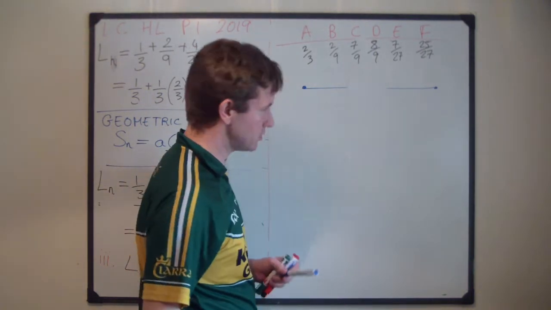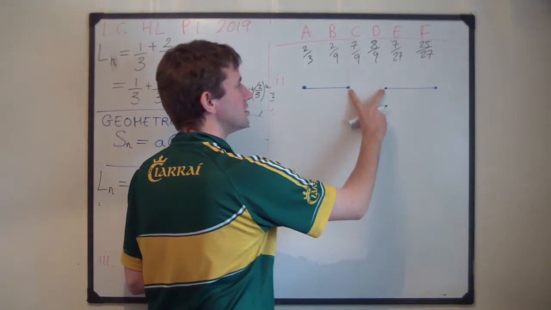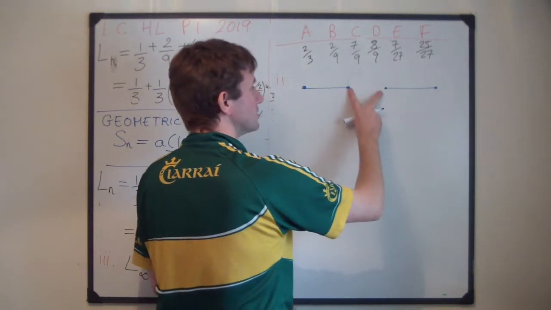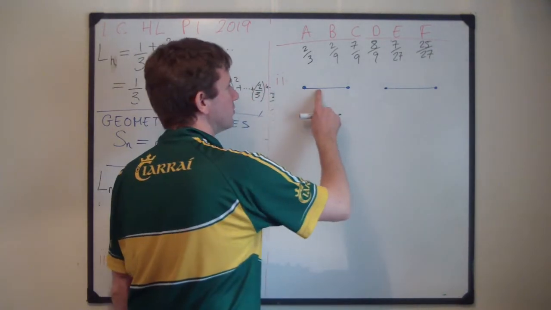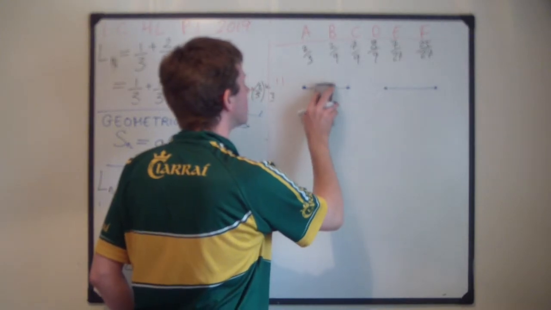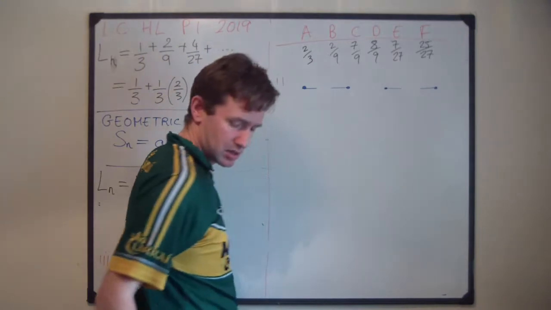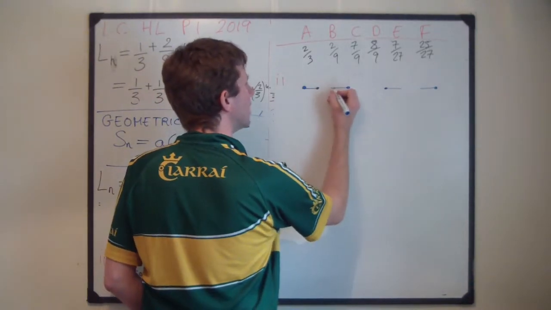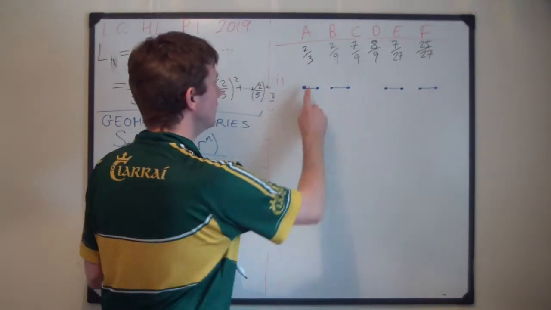The important thing to realize is that once they take that out, these endpoints, and similarly these endpoints, are never going to be touched. They're always going to move into the middle and take out 1/3. And now these points are never going to be touched. And then they do it again.